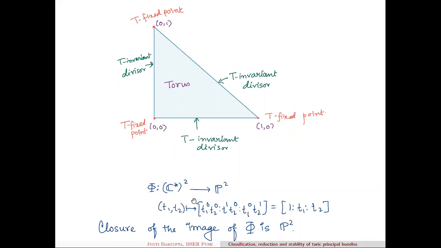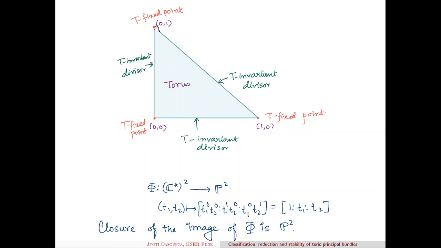Then one can consider a map from (C^*)^2 to P^2, given by raising (t1, t2) to the exponents at these vertices. So we end up with the map from (C^*)^2 to P^2 sending (t1, t2) to [1 : t1 : t2]. And in fact, the closure of the image of this map is actually the projective space.